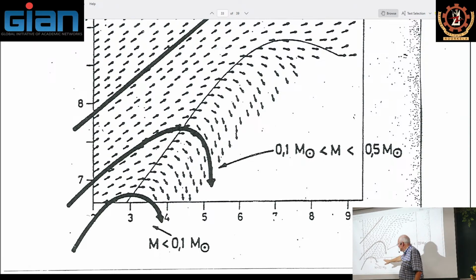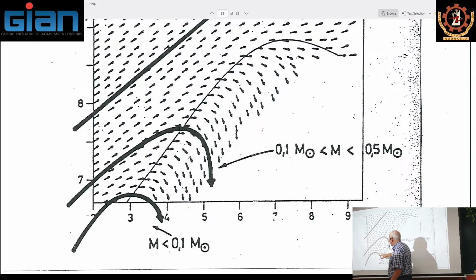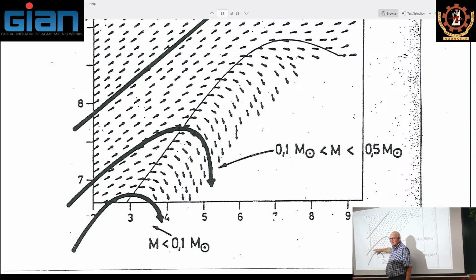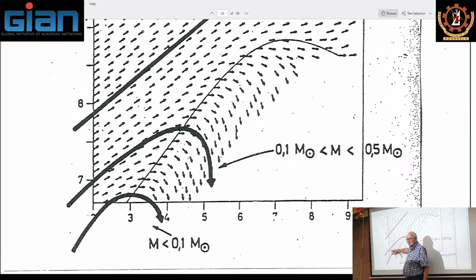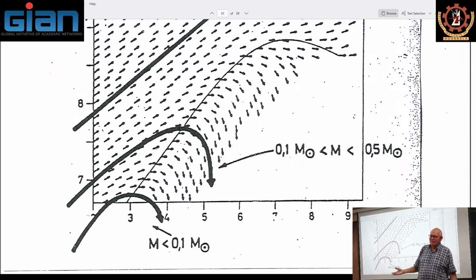If this maximum due to the transition to degeneracy is reached before a temperature of 10^7 K is achieved, this maximum occurs below a temperature of 10^7 K. What is 10^7 K?